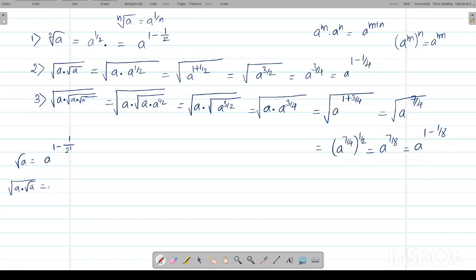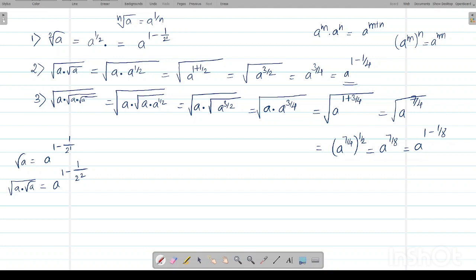How can I write this one? I have written already here, if you observe, let me show it with the arrow mark. So this one, a power 1 minus 1 by 4, I am writing it as a power 1 minus 1 by 2 square.